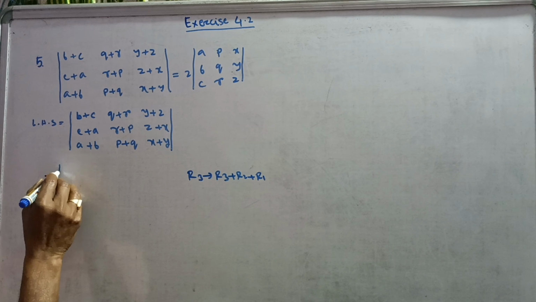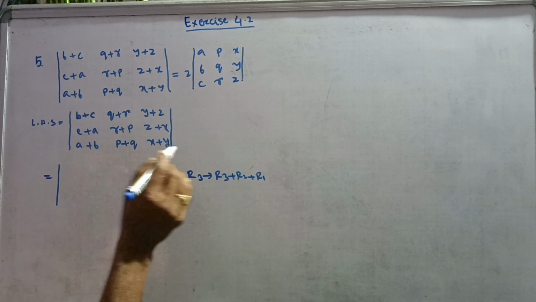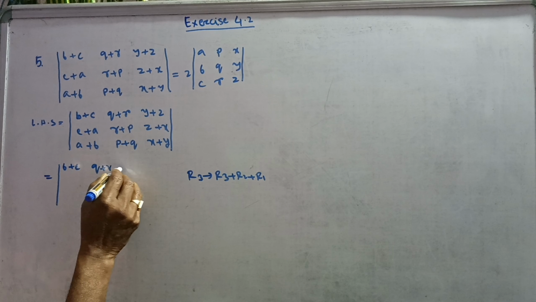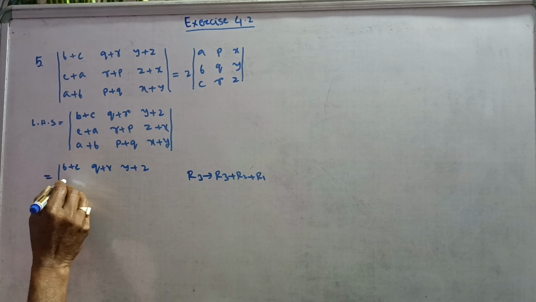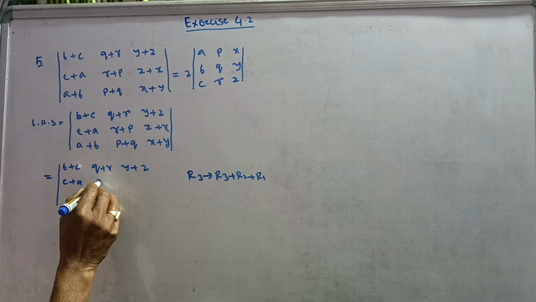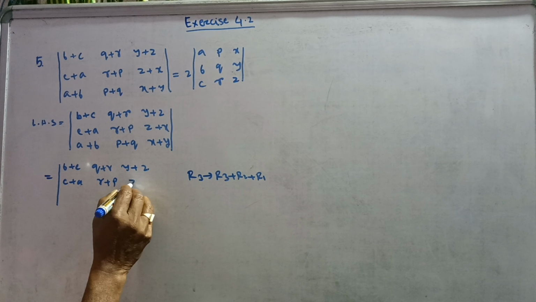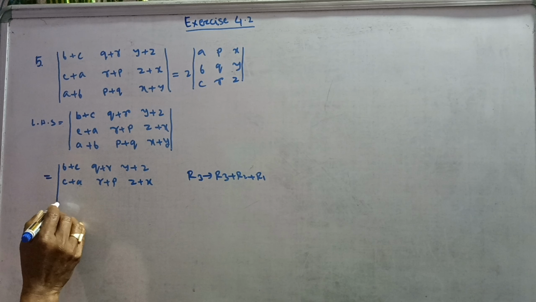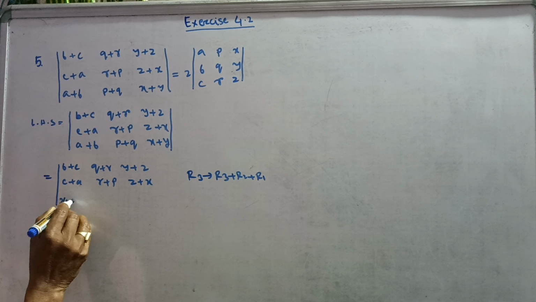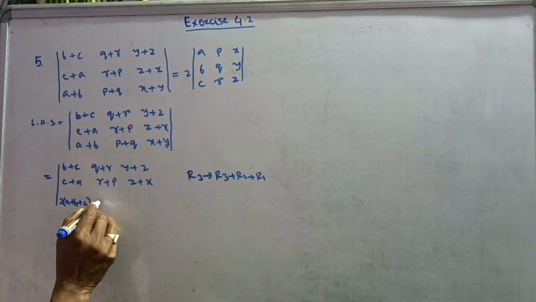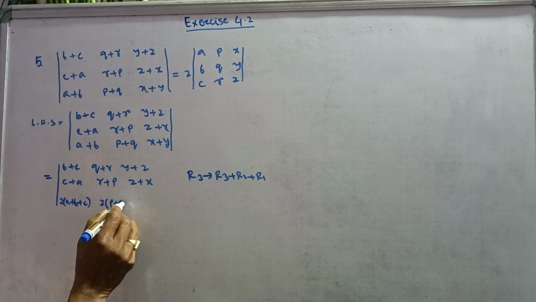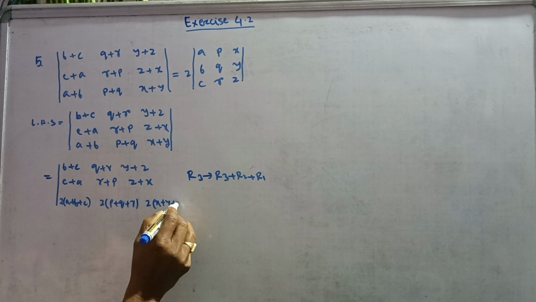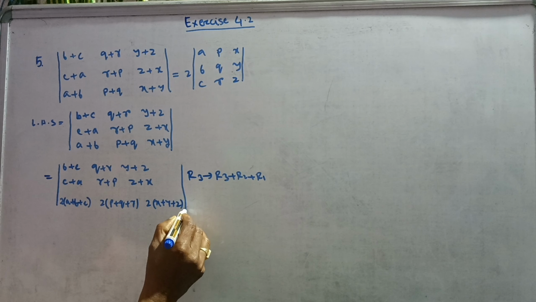Then the first row and second row are the same: B plus C, Q plus R, Y plus Z, C plus A, R plus P, Z plus X. In the third row, A twice, B twice, C twice, so take 2 times A plus B plus C, here 2 times P plus Q plus R, here 2 times X plus Y plus Z. Then we get this.